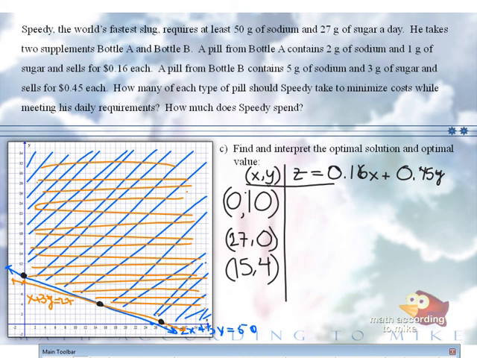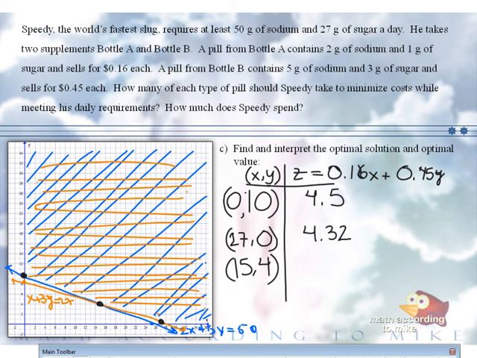So if we put in 0 in for x and 10 in for y, what do we get? If we put in 27 in for x and 0 in for y. 4.32.